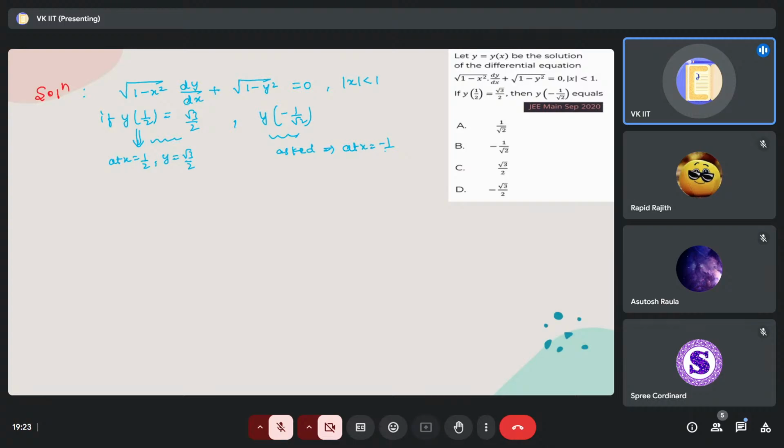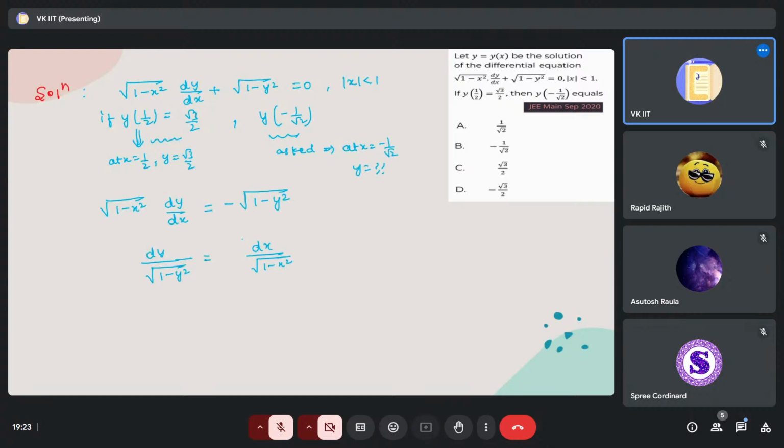So we will take the y terms on the same side as dy and the x terms on the same side as dx. So dy by under root of 1 minus y square is equal to dx upon under root of 1 minus x square, with the negative sign also.